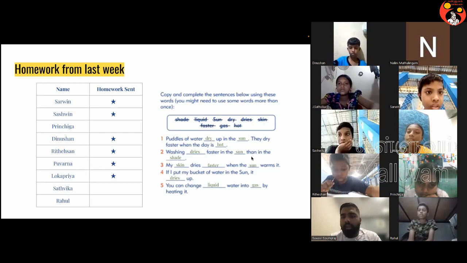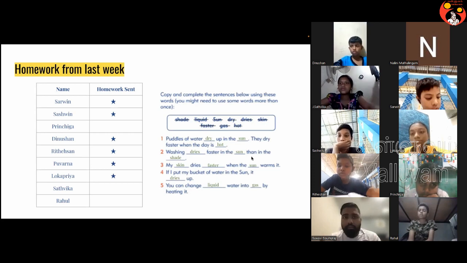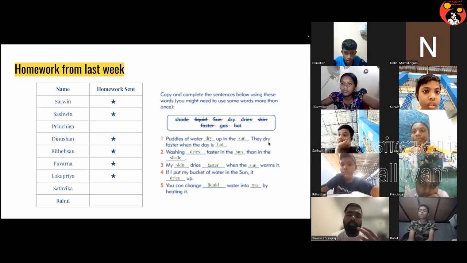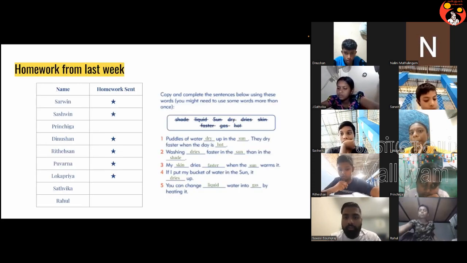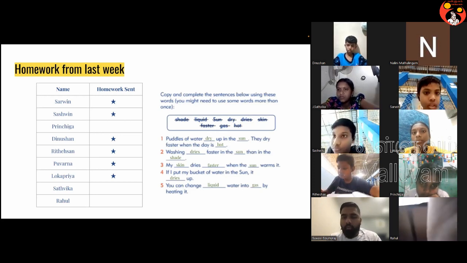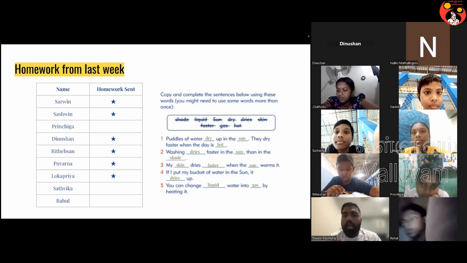Now, washing dries faster in the sun than in the shade. So like your clothes, right? They would dry faster when they're exposed to the sun rather than being covered in the shade because there's no heat in the shade or very little heat. Your skin dries faster when the sun warms it. Again, similar process, similar concept.